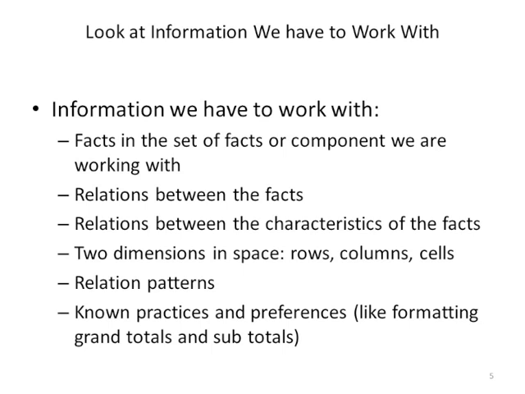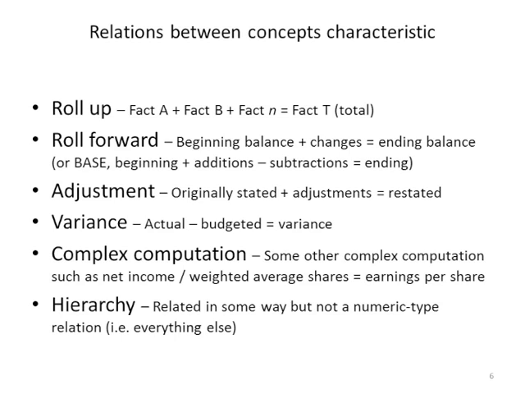We have relation patterns, and we have known practices and preferences. So for example, some formatting, we know what people typically like, how to format grand totals, subtotals, etc. All these things are useful in generating renderings.